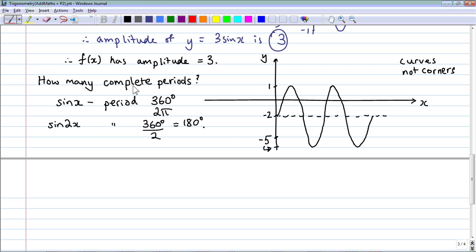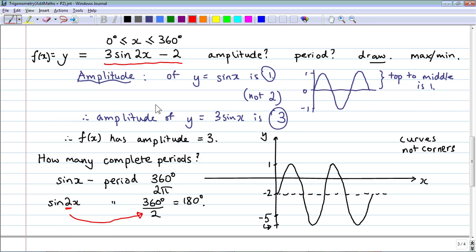I mean, you can try and prove it if you want to, that this number acts as a denominator here. So if this was sine 4x, then the period would be 90 degrees, and that would be true for any number. Sine 1/2 x, the period would be 720 degrees, because that's 360 over 1/2.